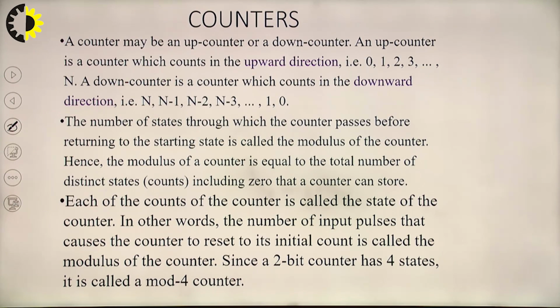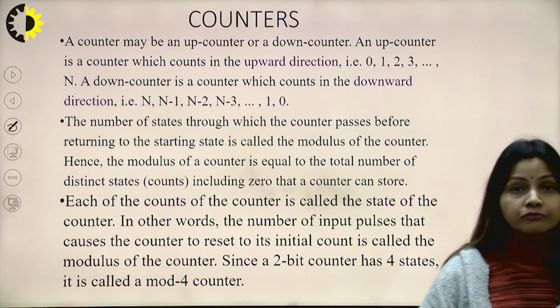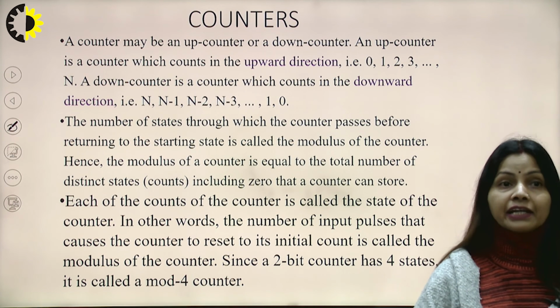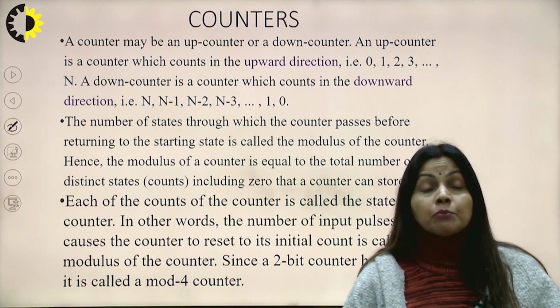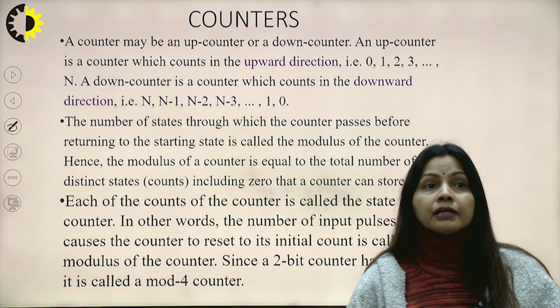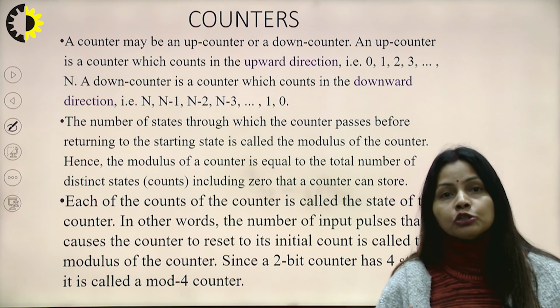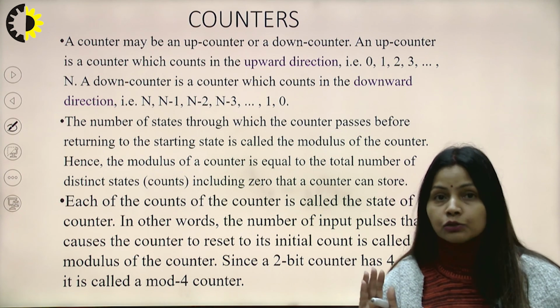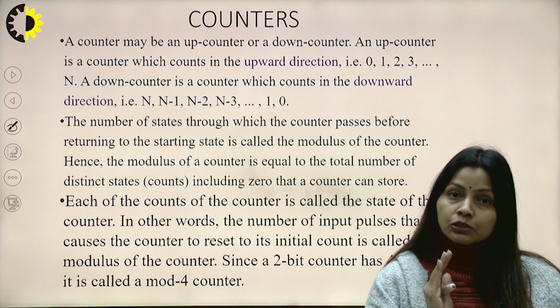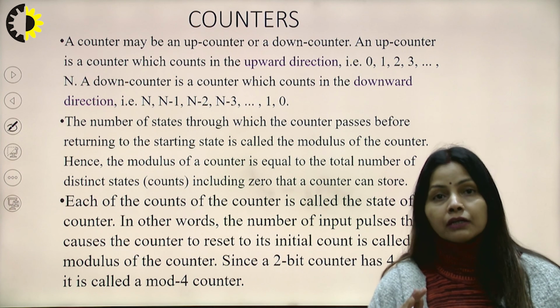That's one. Now coming to a very important concept used in designing counters, that is the modulo of the counter. Let's say I need to count from 0 0 to 1 1. I will go slowly: 0 0 to 0 1, 0 1 to 1 0, 1 0 to 1 1, right?